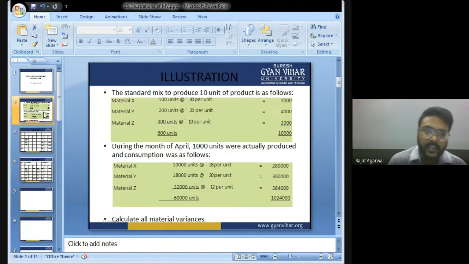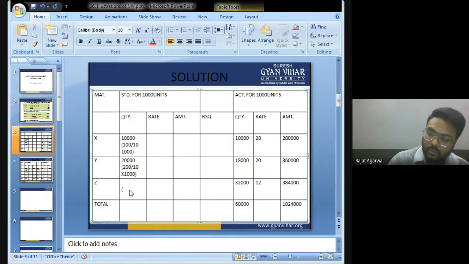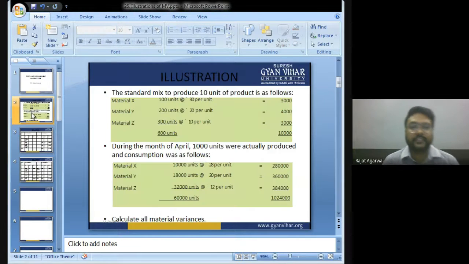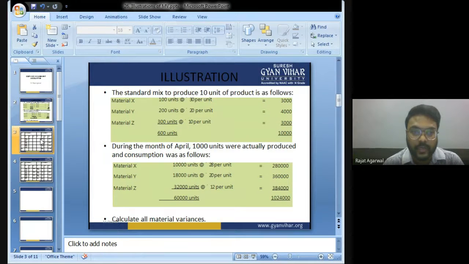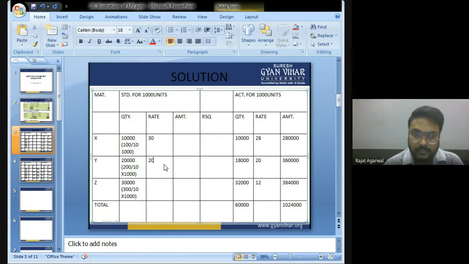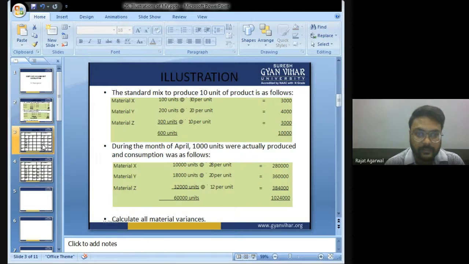And material Z 300 units. So 300 divided by 10 into 1,000, 30,000. Now standard rate of X is 30. Standard rate of Y is 20. Standard rate of Z is 10.